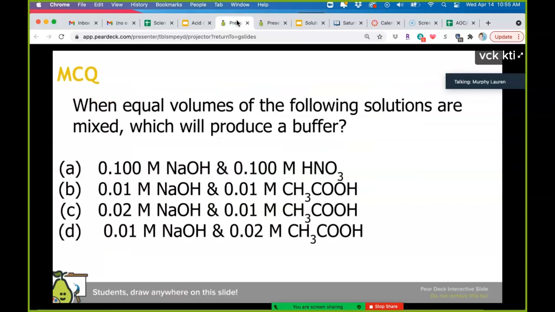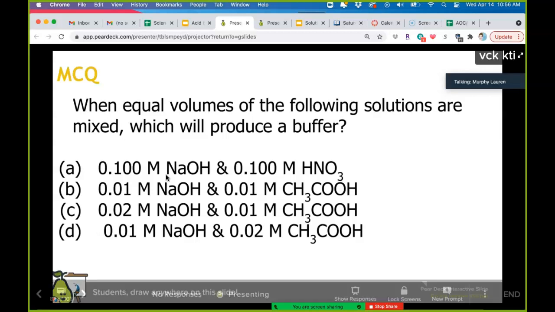Now, we're going to decide, this is a multiple choice question, which of these will produce a buffer? So if you look at these, we have acids and bases. There's no weak substance and a salt, so that's not going to be any of the options. So we know that in order to produce a buffer from an acid-base reaction, one of the species has to be weak and the other one has to be strong for the sake of this class.